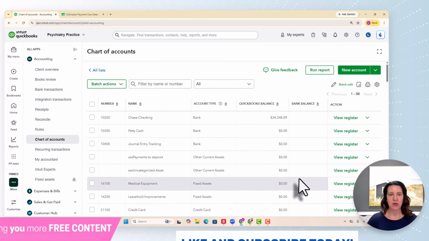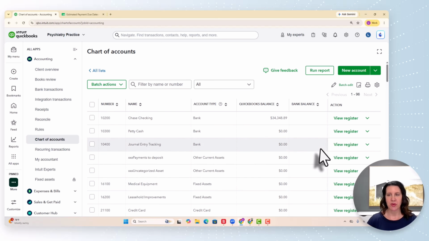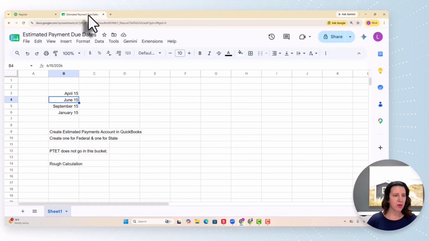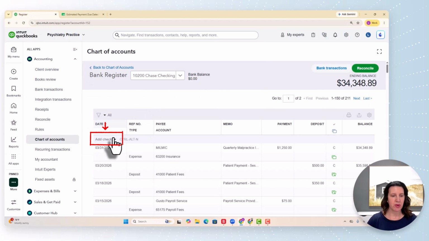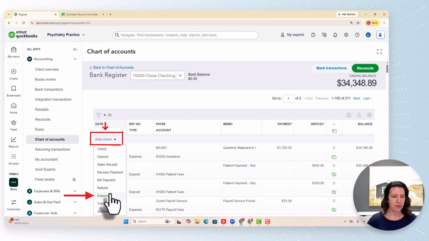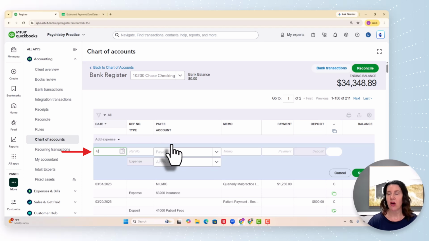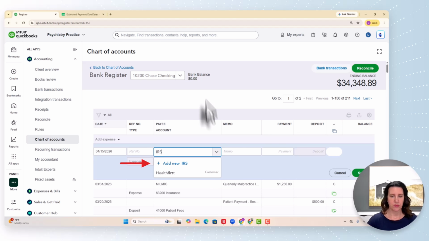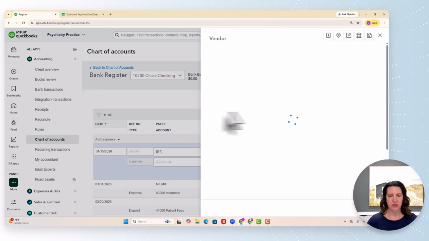But I'm going to post some payments so you can see where you would go find them. Our first payment was due April 15th, so hopefully we paid it a little early. A lot of times they're set on auto. A lot of times my clients' CPA will give them a schedule. The payee could also be United States Treasury.